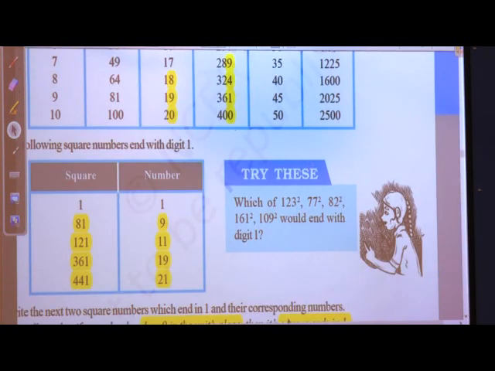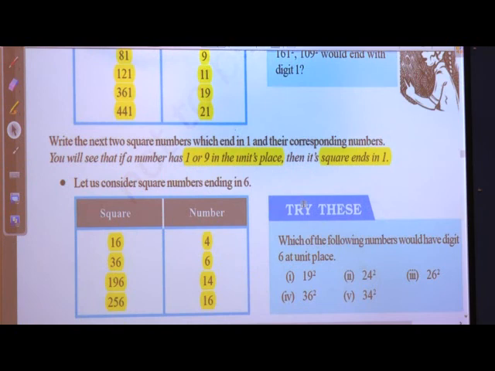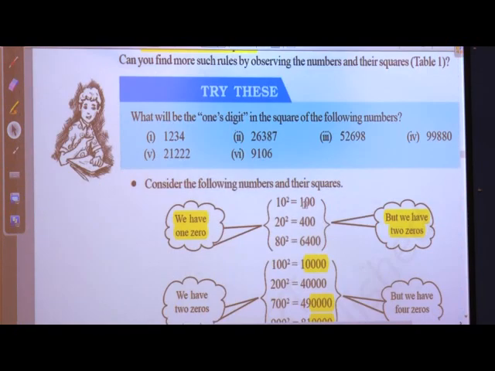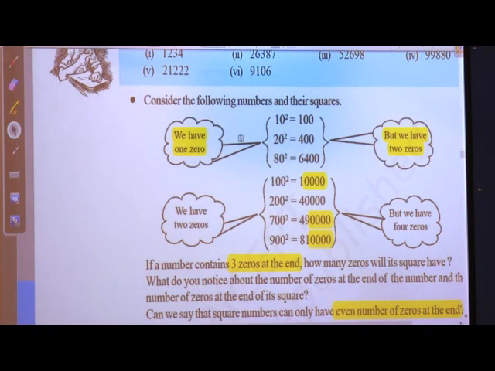Similarly, what we had studied regarding zeros: if we have 1 zero in the number whose square we are taking, in the square we have 2 zeros. If we have 2 zeros in the number, then in the square we have 4 zeros.